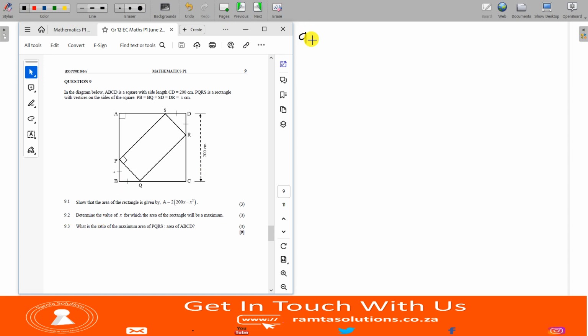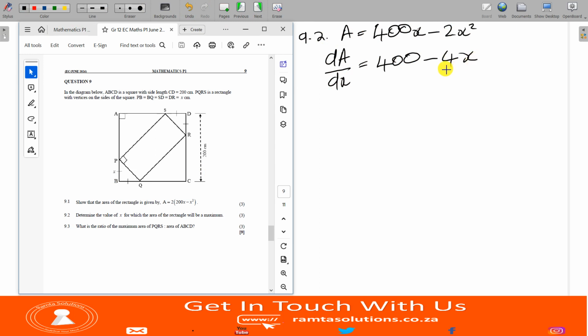9.2, let's answer it. For the area to be the maximum, we'll say dA/dx. What is the dA/dx? First, I want to write A in this form. It is 400x minus 2x squared. Now, what is the dA/dx? It is 400 minus 4x, isn't it?